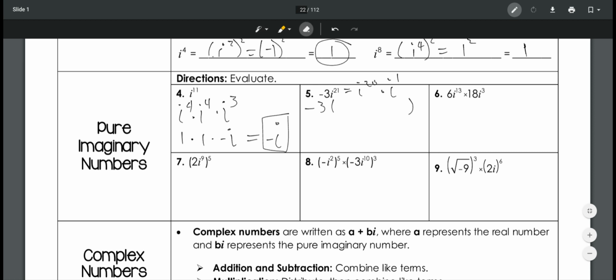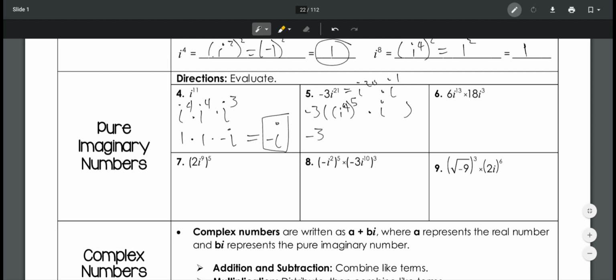What I'm going to do, move this down just a little bit so we don't run into that one. So my -3 stays there. I'm going to write this as i to the fourth to the 5th power using my exponent rules backwards: i to the fourth to the 5th power times i.